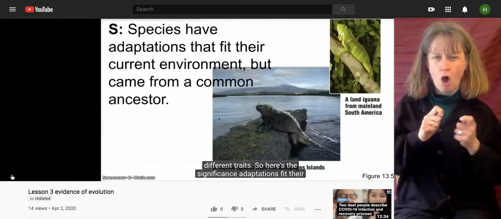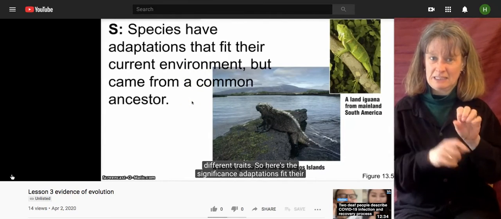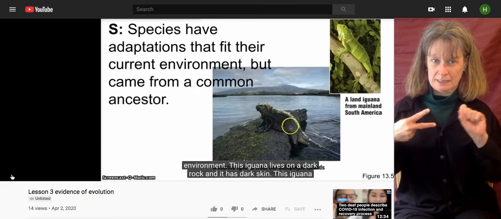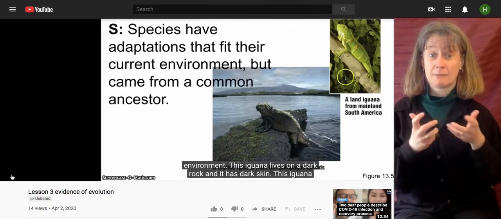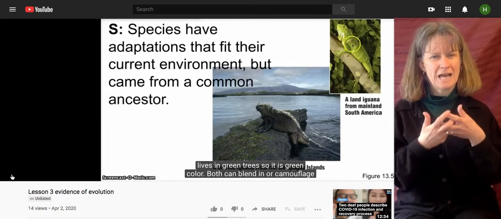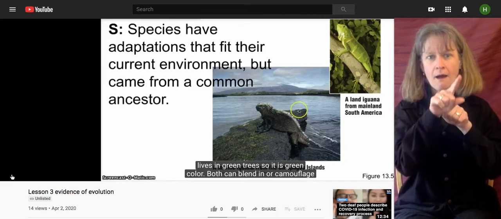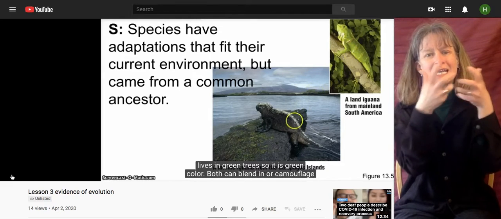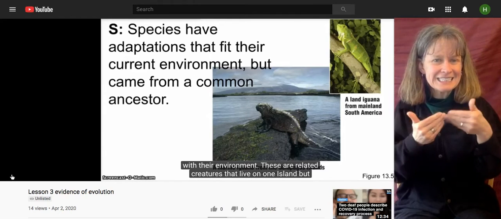So here's the significance. Adaptations fit their environment. This iguana lives on a dark rock and it has dark skin. This iguana lives in trees, so it is green colored. Both can blend in or camouflage with their environment.